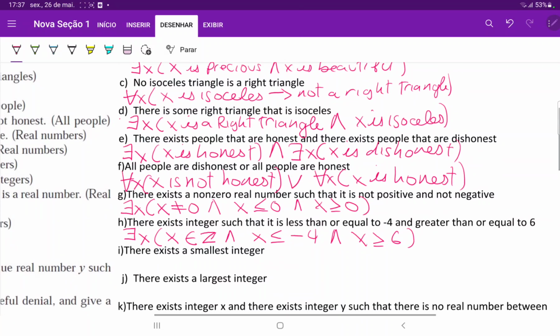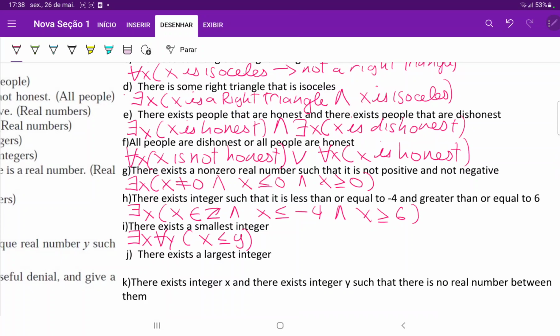Okay. So we're saying there exists a smaller integer, right? So we're saying there exists an x such that for all y, x is smaller than or equal to y.